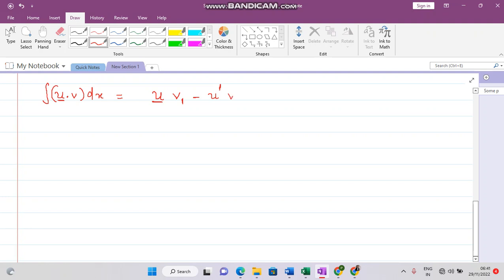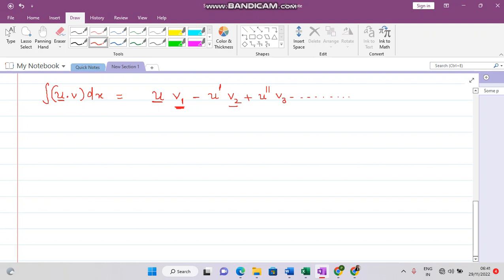Then v sub 2, the integration of the v1 function, plus u double prime, and then v sub 3. So the formula goes like this. Here we use alternate signs: positive, negative, positive, negative.